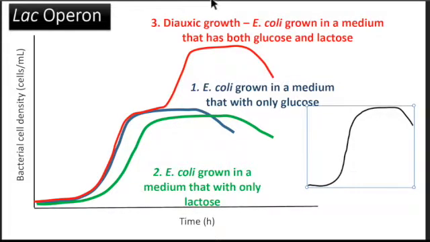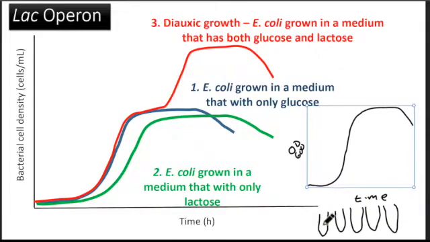And on the x-axis, this is time. And then the y-axis, for example, is OD at 600. And so, for example, you can imagine a tube of bacteria over time, same tube, over time, where it starts out pretty transparent.